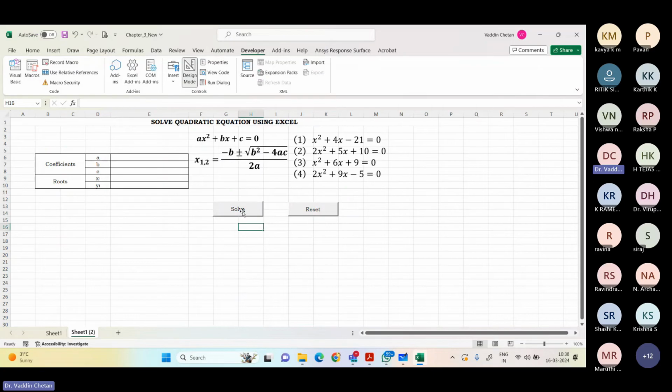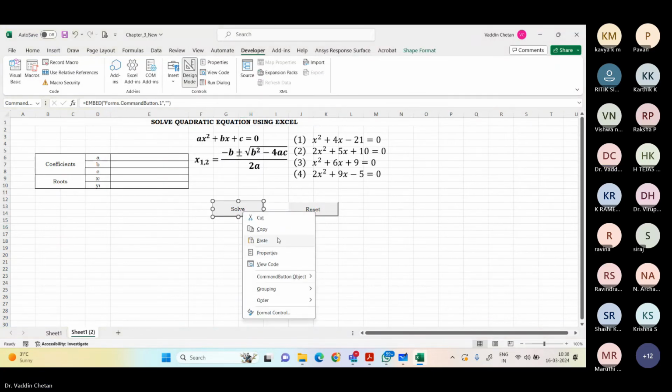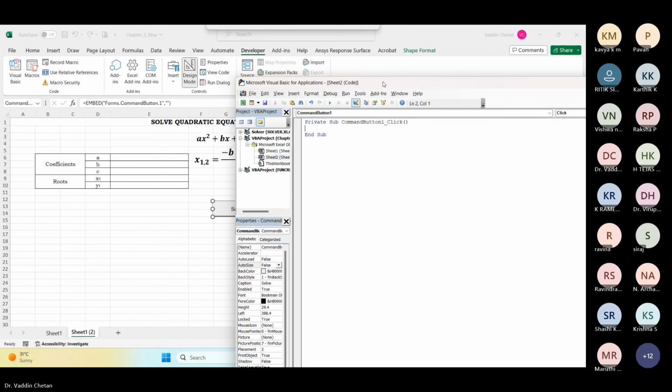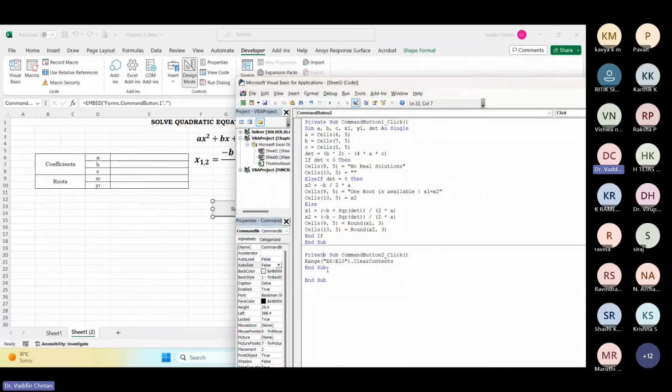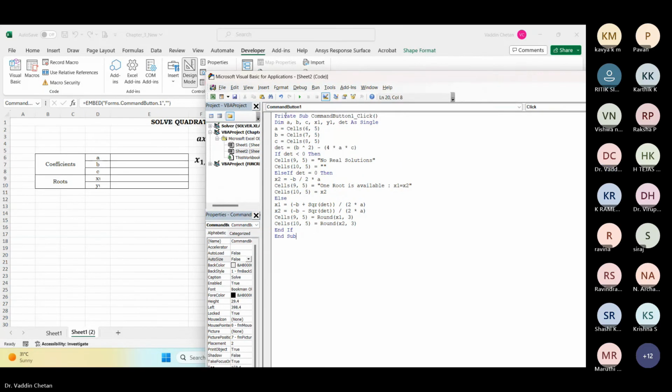Right? I will go to the design mode, right? View code. I don't need the private key and all. So here, the VB code starts with the private sub and it ends with the end sub.